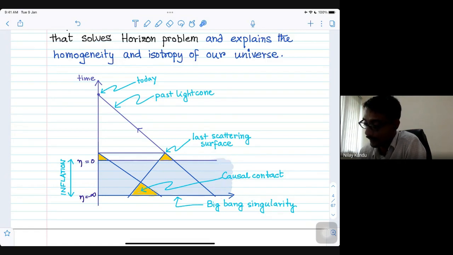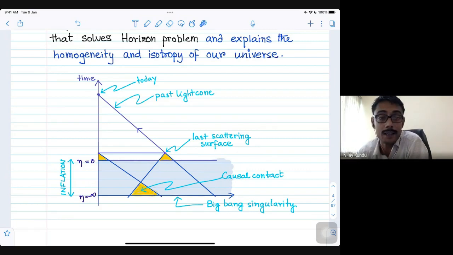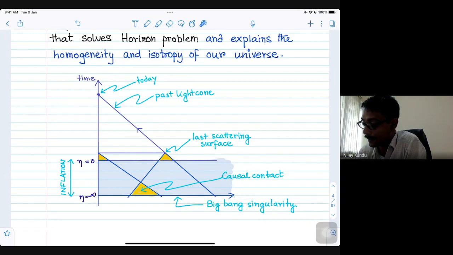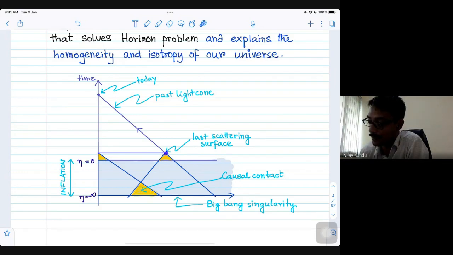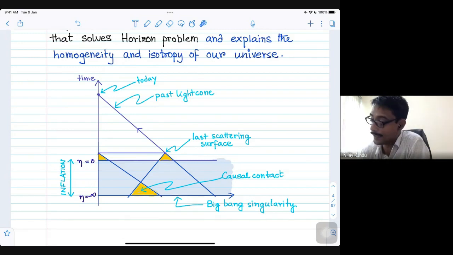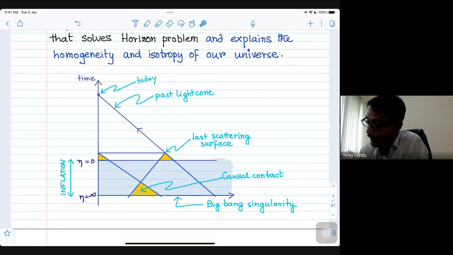This made the past light cones originating from these two points overlap in the far past. And this gives us a mechanism to explain that since this point and this point were in causal contact in the past, it's very natural for them to know that the temperature has to be 2.73 Kelvin. So that's how homogeneity and isotropy has been explained.